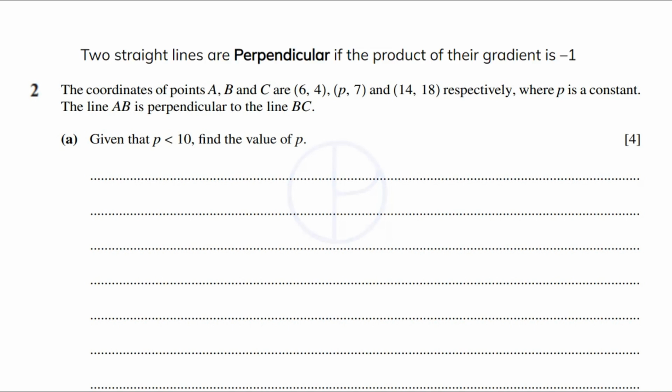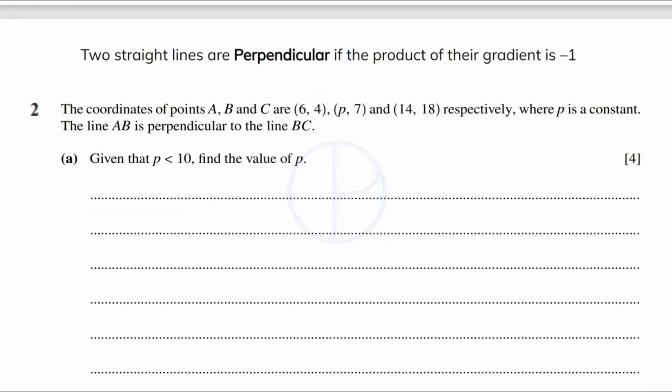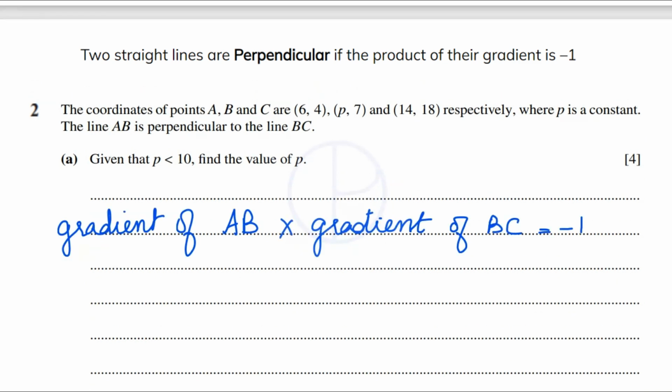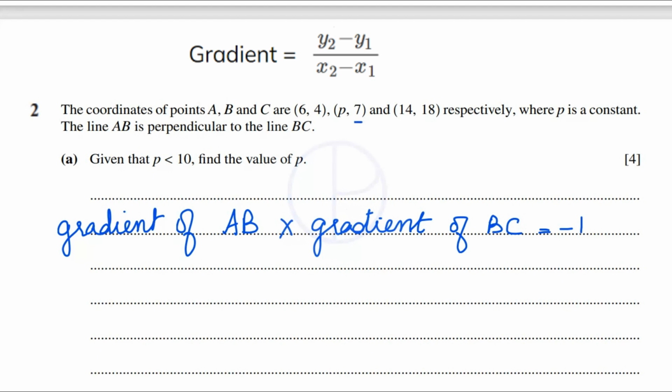That means the gradient of AB multiplied by the gradient of BC is equal to -1. Gradient of AB is 7 minus 4 divided by P minus 6, multiplied by 18 minus 7 divided by 14 minus P, equal to -1.